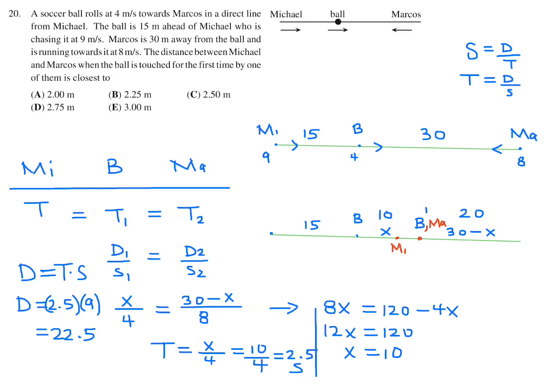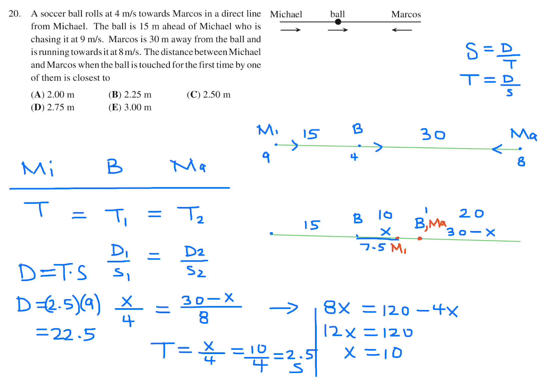So that means he travels 22.5. The distance from here to here is 22.5. Now, if the distance from here to here is 22.5 and this is 15, that means this distance in here is going to be 7.5.